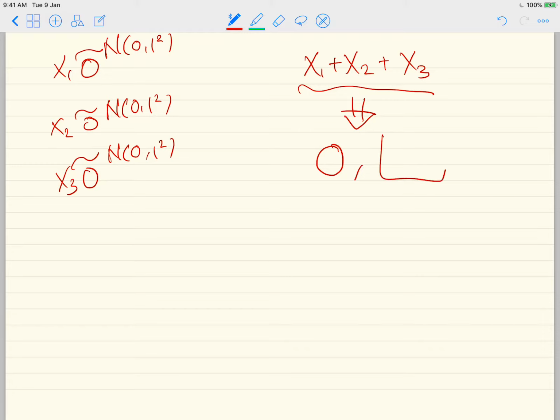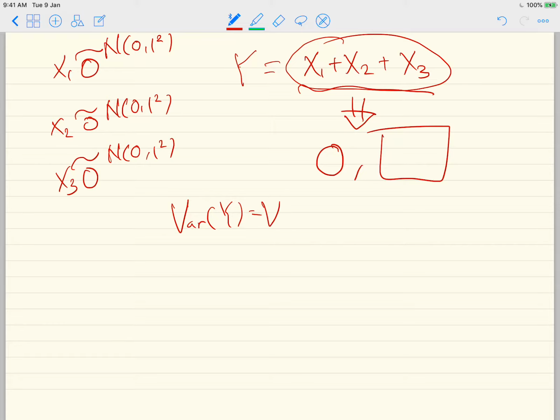And then what about the variance? If x1, x2, and x3 are statistically independent, then the variance of this output variable y, which is the summation of the three, is represented as the sum of the variances of these three random variables, right?